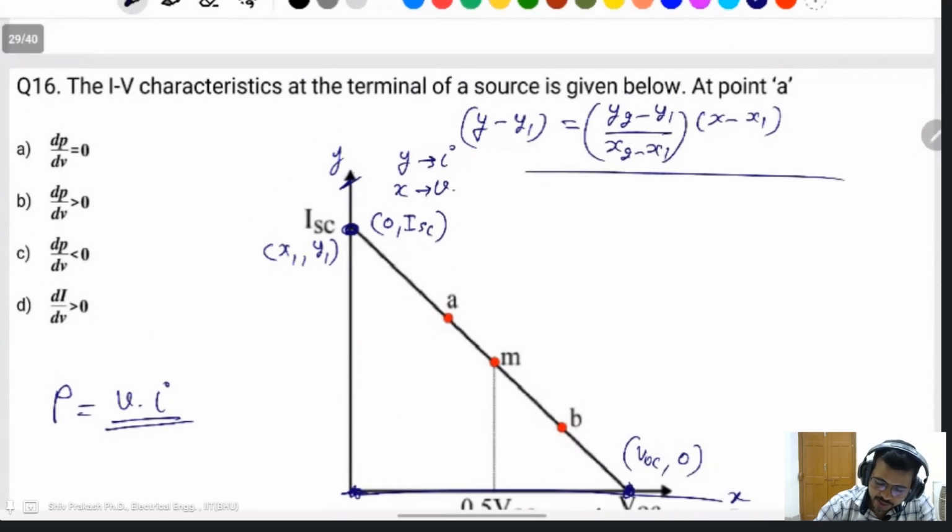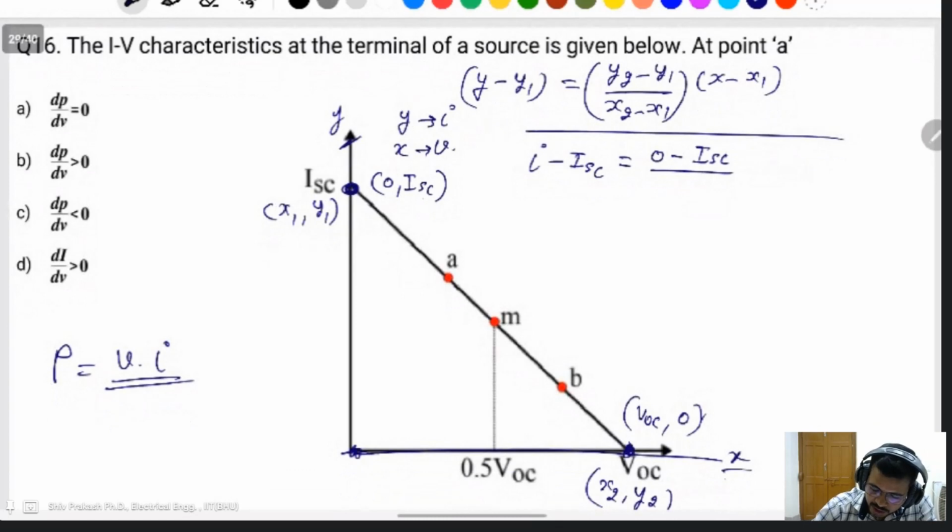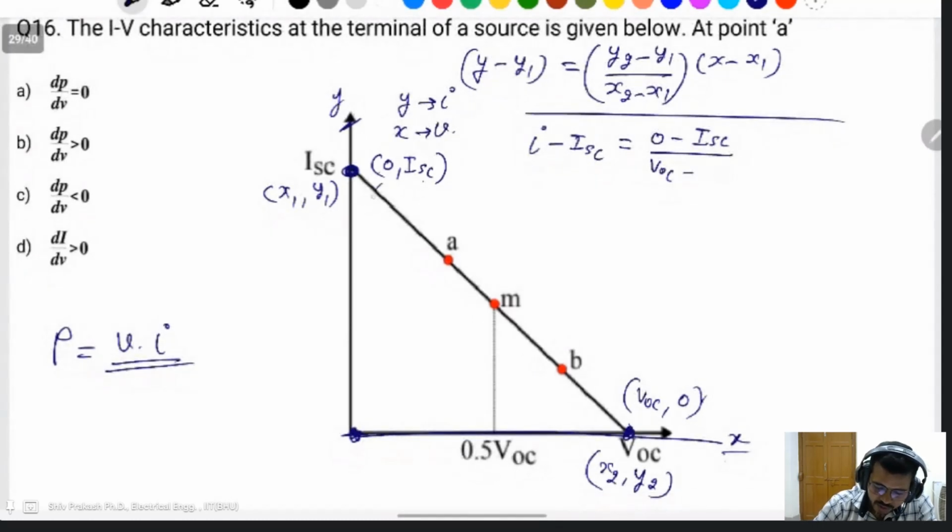Then use this equation and find the expression of current. Y, meaning I, minus y1, where y1 is ISC, is equal to y2, which is 0, minus y1, which is ISC, divided by x2, which is VOC, minus x1, which is 0, into x minus x1, where x1 is 0.